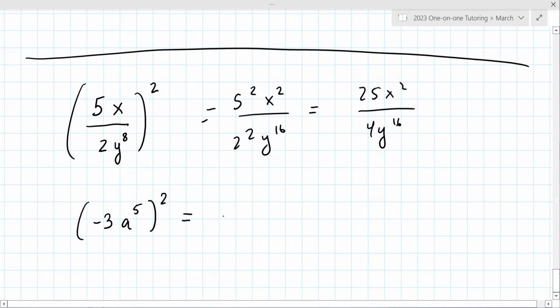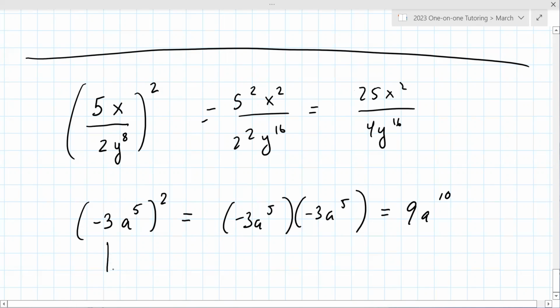Okay, so that's why I'm asking here. Here's another way to look at what we have written. It's -3a to the 5th times -3a to the 5th. When it's squared or to any power, it's this thing times itself. Now what is -3 times -3? 9. So it's 9a to the 10th here.